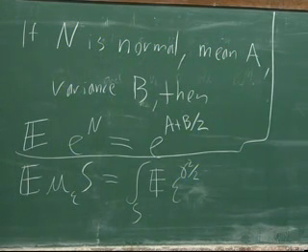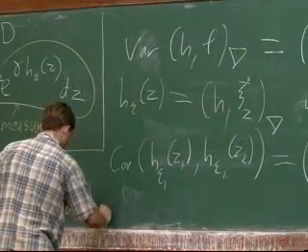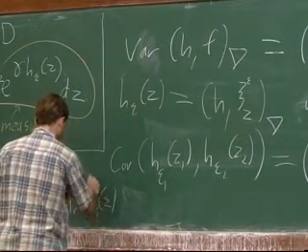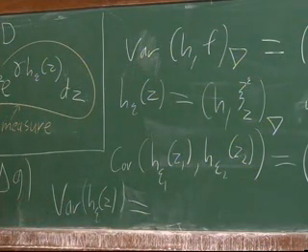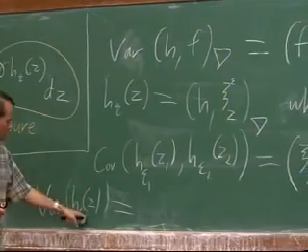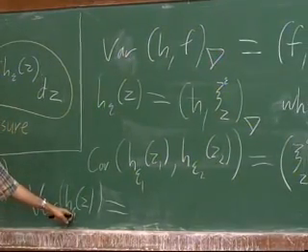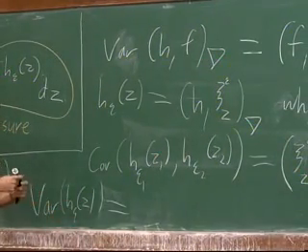So what's the variance of one of these guys? Well, the variance of h epsilon of z is, so here we need to do a slightly different calculation because this circle overlaps itself.